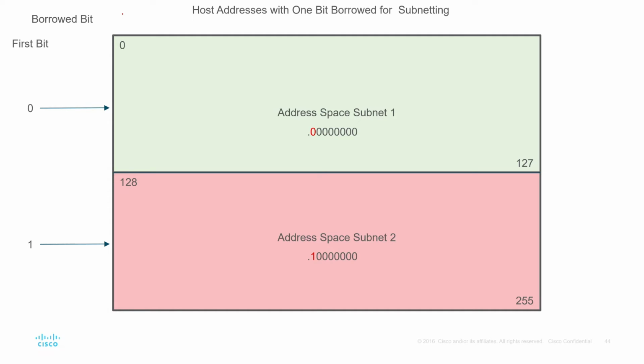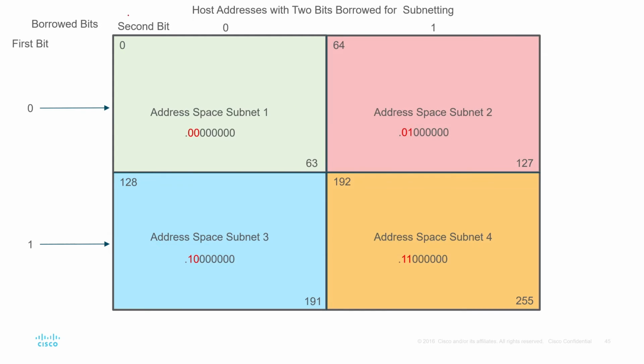If I were to borrow a second bit, I could now have 4 address spaces: subnet 1, subnet 2, subnet 3, and subnet 4. And as you can see, all we are doing is counting up in binary: 0 0, 0 1, 1 0, and 1 1.